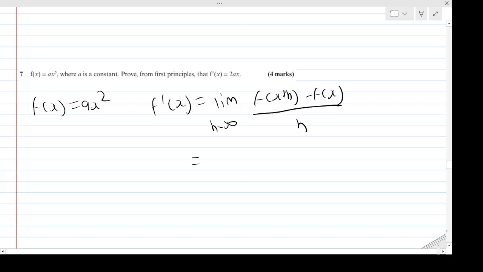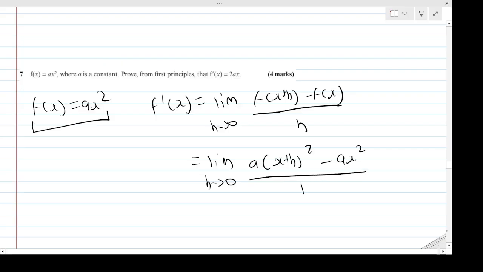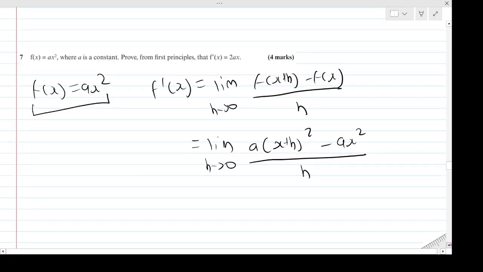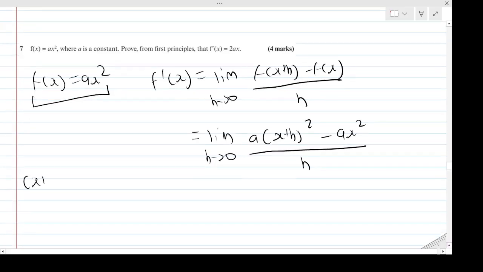And so then if we use our function here, well, f of x plus h will be a lots of x plus h squared minus f of x, that's minus ax squared, all over h. So then we need to expand this bracket, right? x plus h squared, if I do that here somewhere, that would get me x squared add 2hx add h squared.